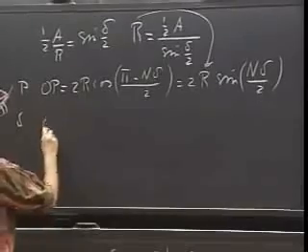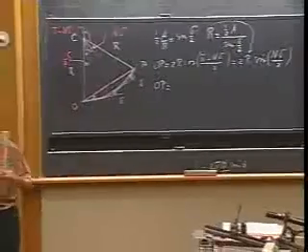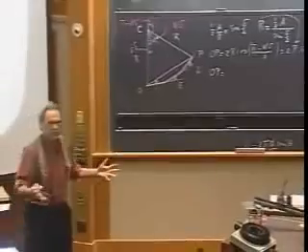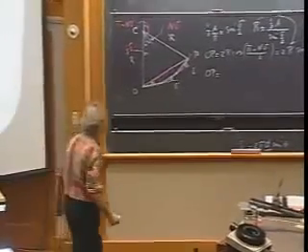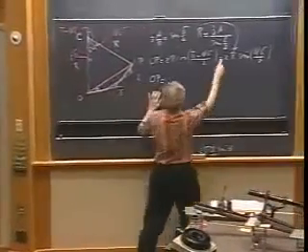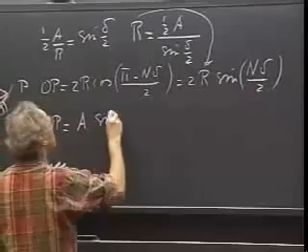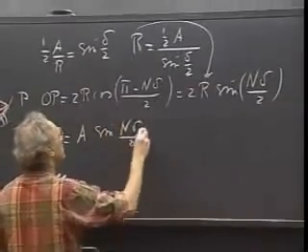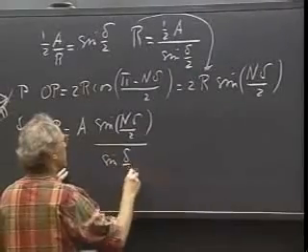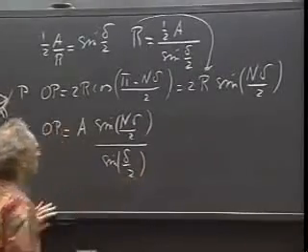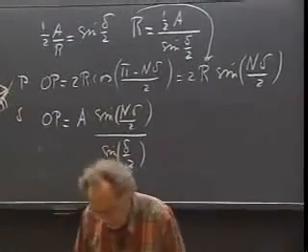And so now I get that the length of that vector OP, which is really my goal, that is the vectorial sum of n e vectors, the adjacent ones off by phase angle delta, that is going to be 2 times r, so that gives me an a upstairs. And then I get the sine of n delta divided by 2, divided by the sine of delta divided by 2. And this is really the key of what is following.